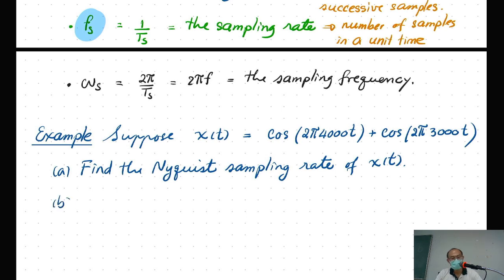B, what happens if the sampling rate is 9,000 samples per second?